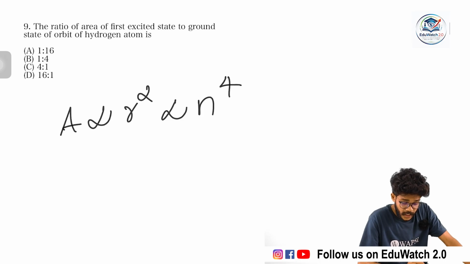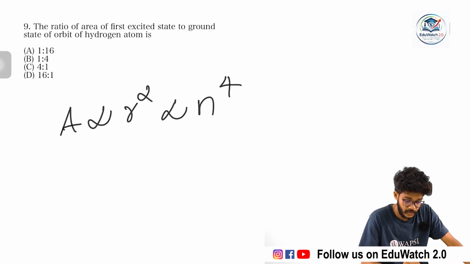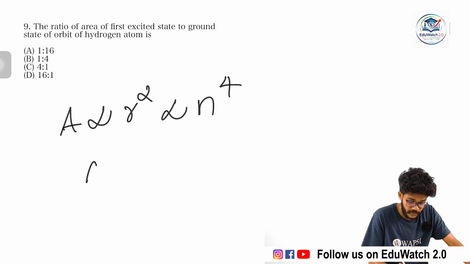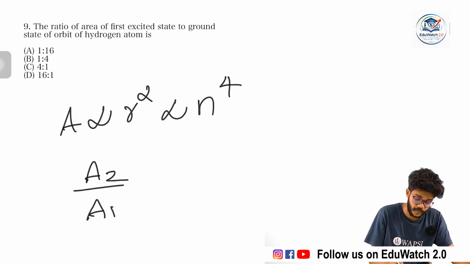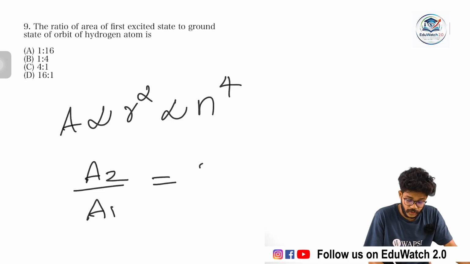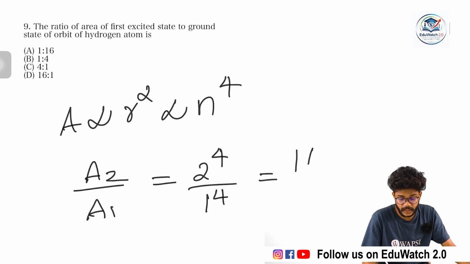We have to find A2 by A1. In the first excited state n is 2, so 2 raised to 4, and in the ground state n is 1, so 1 raised to 4, which is equal to 16 by 1.